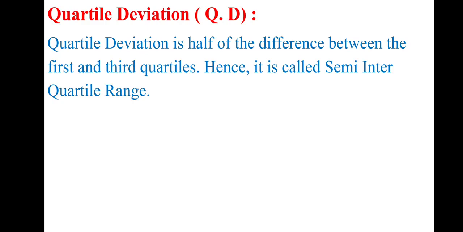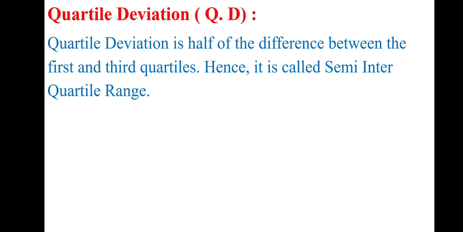Q2 is the median. Three fourths of the values is called upper quartile, Q3 or third quartile. Half of the values is called the median.